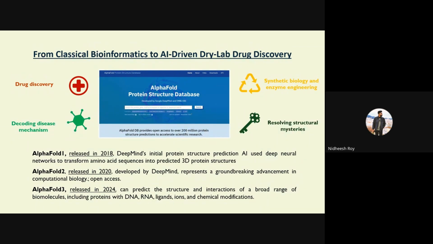From classical bioinformatics to AI-driven dry lab drug discovery. For understanding docking, we are not supposed to skip how artificial intelligence has supported docking studies and modeling in biotechnology and computational biology. In classical bioinformatics, we focus largely on sequence data, structural databases, and rule-based modeling.